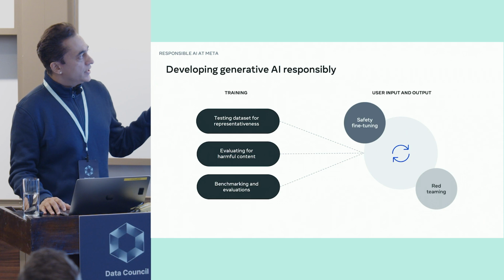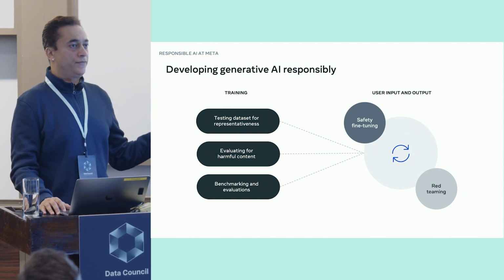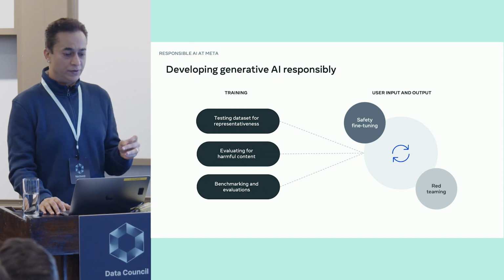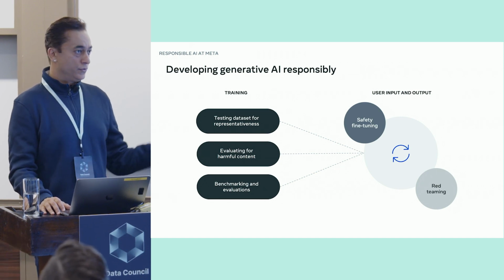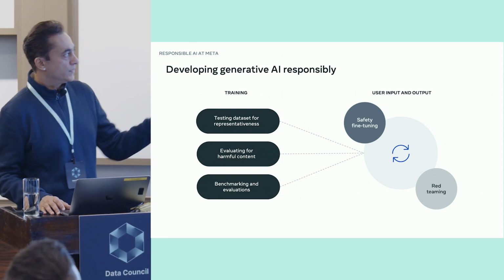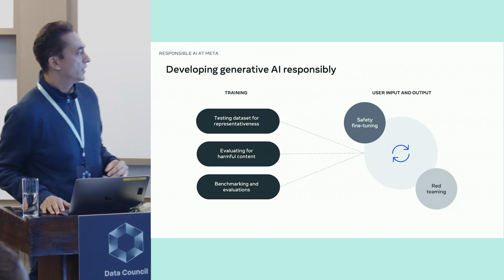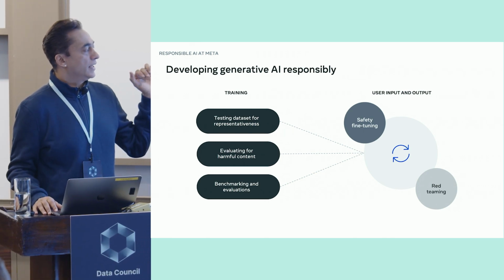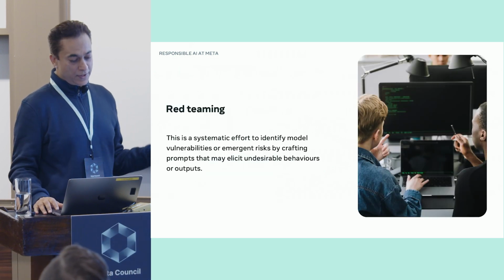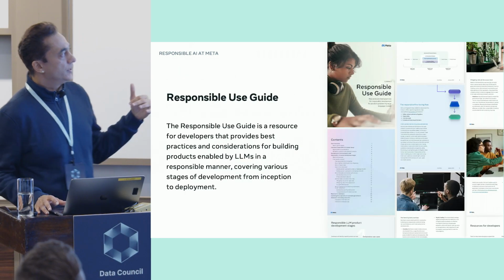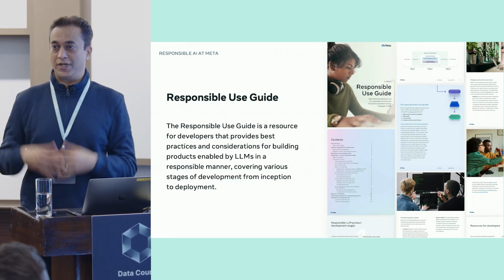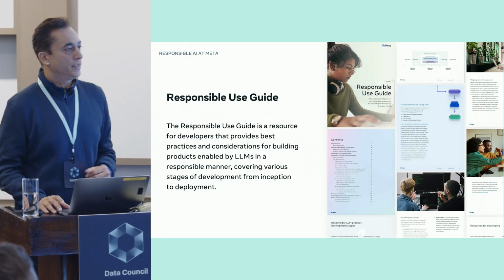Okay, I'm going to breeze through this, but at the heart of all the work we do, we want to make sure that responsible AI is critical. And so we make sure that we do red teaming, we evaluate our models, both during fine-tuning stages, pre-training stages, and so forth, for any harmful content. And we also open source, and we have released a guide called the Responsible Use Guide, which is here, which has all the processes of what we have done and all the things which developers should do to make sure that your applications are safe.